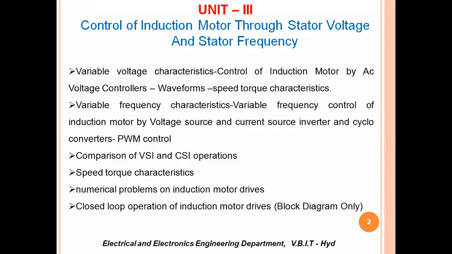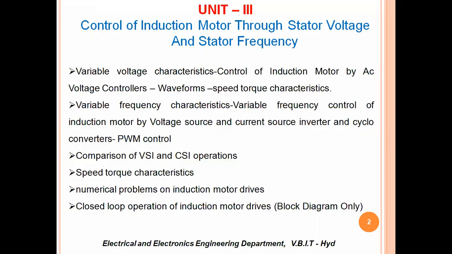In a similar way, variable frequency characteristics. This is AC supply, so we have two parameters to control. One is the magnitude and the second one is the frequency. Magnitude can be controlled with the help of variable voltage characteristics.